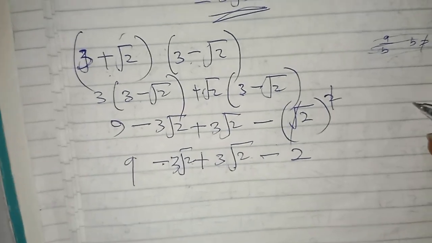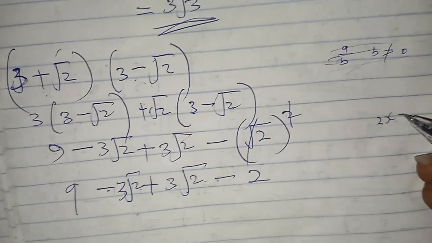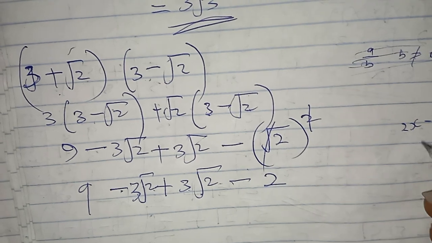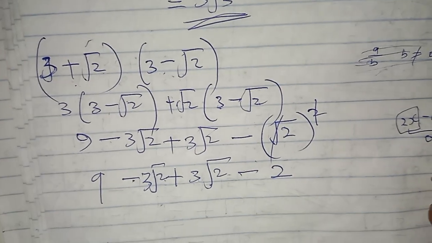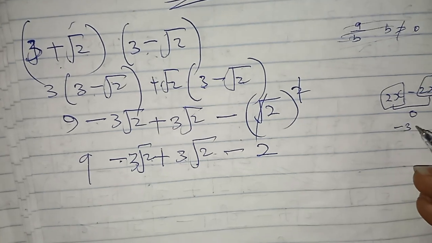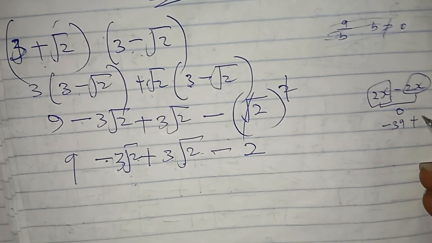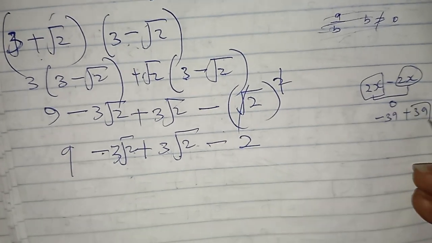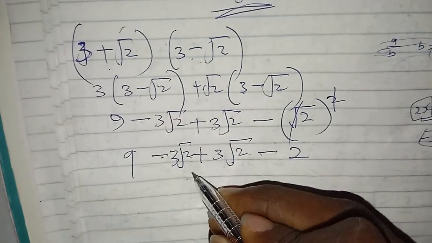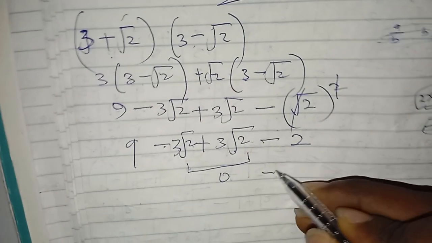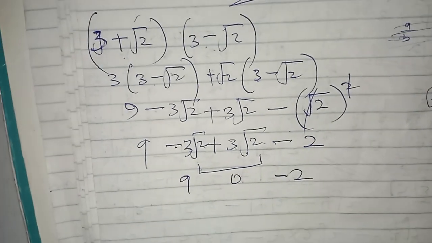Remember that if I have 2x minus 2x, this will become 0 because they are the same thing. And minus 3a plus 3a, they are the same, 0. So this is going to be the same thing as saying 0 minus 2, 9.